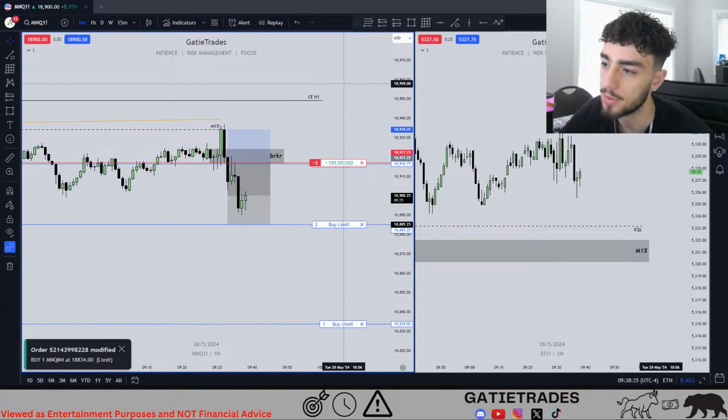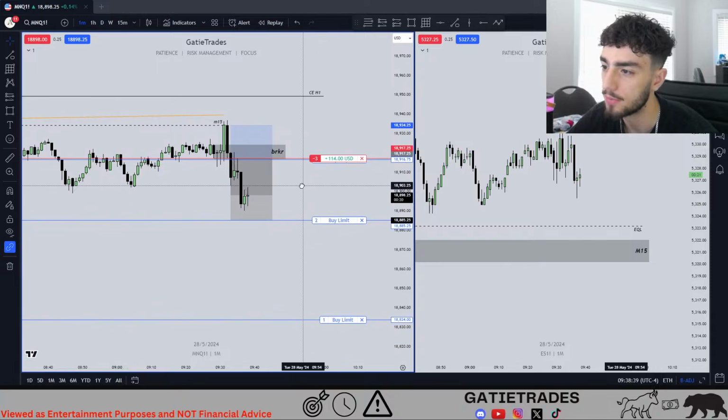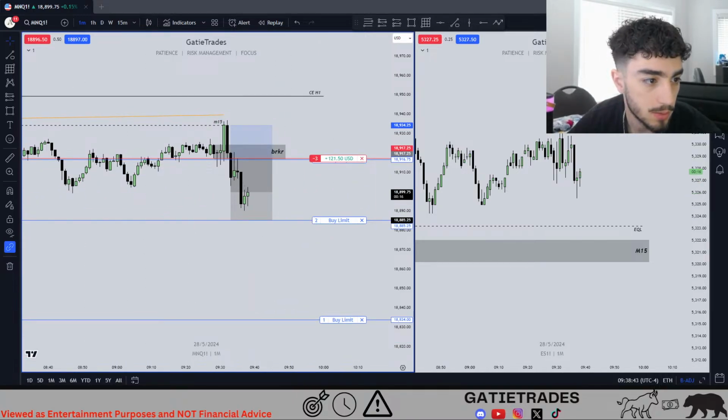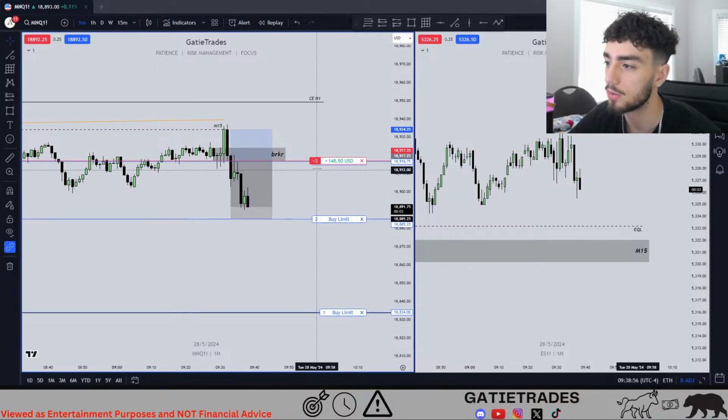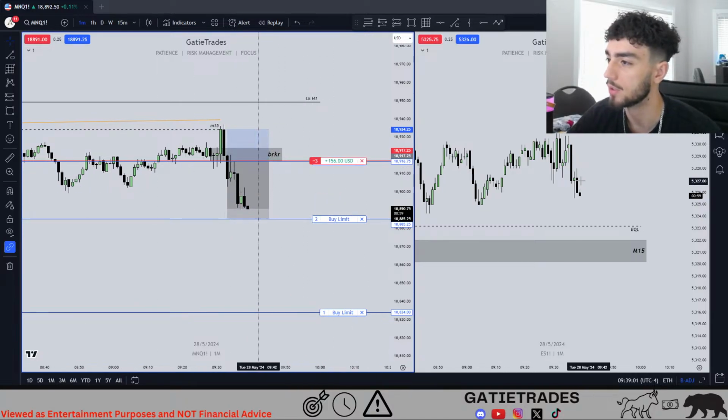Okay, so the fair value gap here should play out. We're break even, so hopefully we're so close to the drawn liquidity at this point. Limit buy 3 there. So we're looking for, we're gonna put it just above once it takes lows.